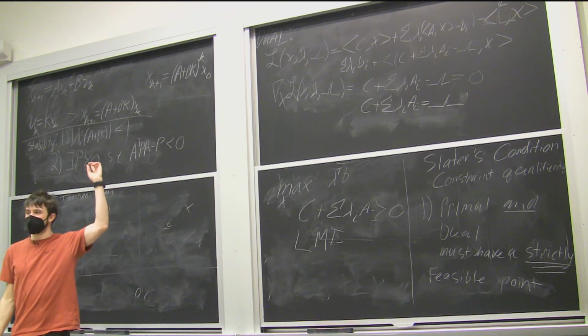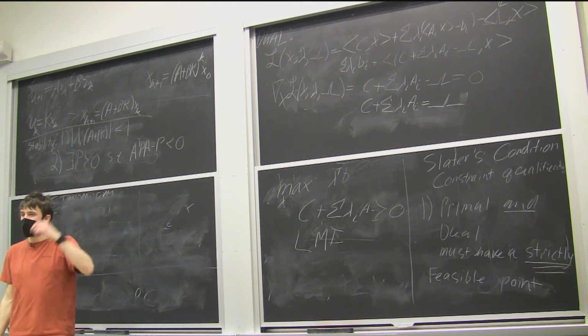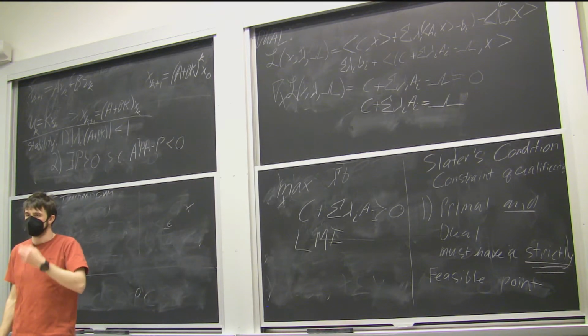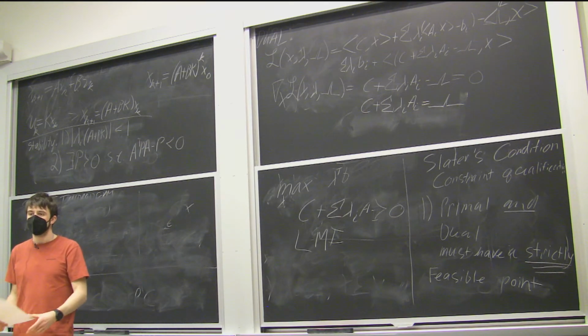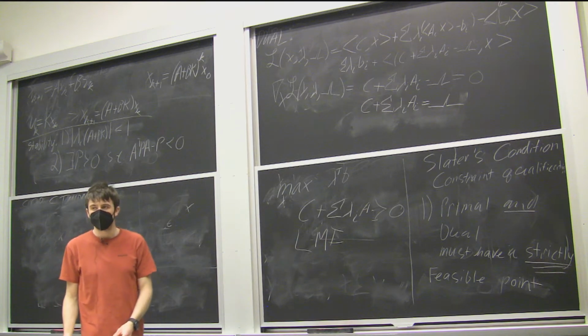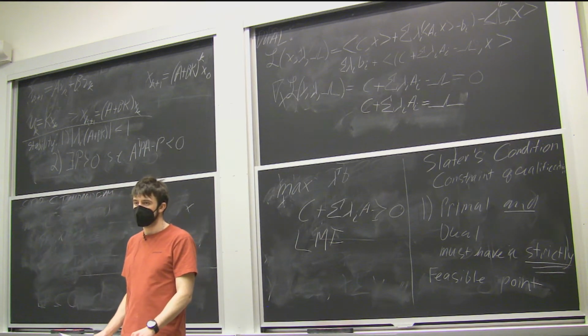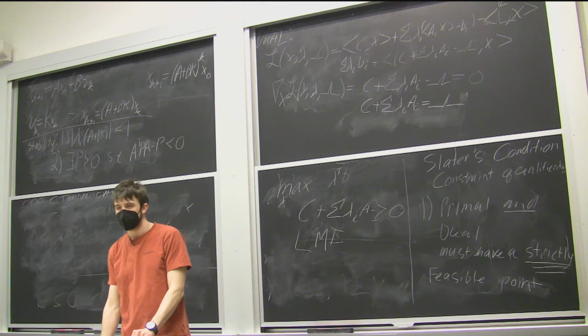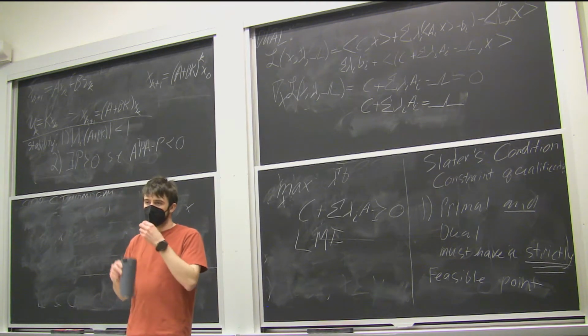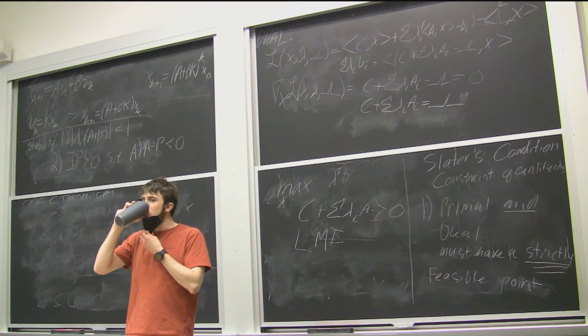Are people willing to just accept that, or do you want me to prove it? It's not too hard to prove. Go ahead. I have sort of a side question. In differential equations, we saw that systems are stable if the eigenvalues have real components less than 0.